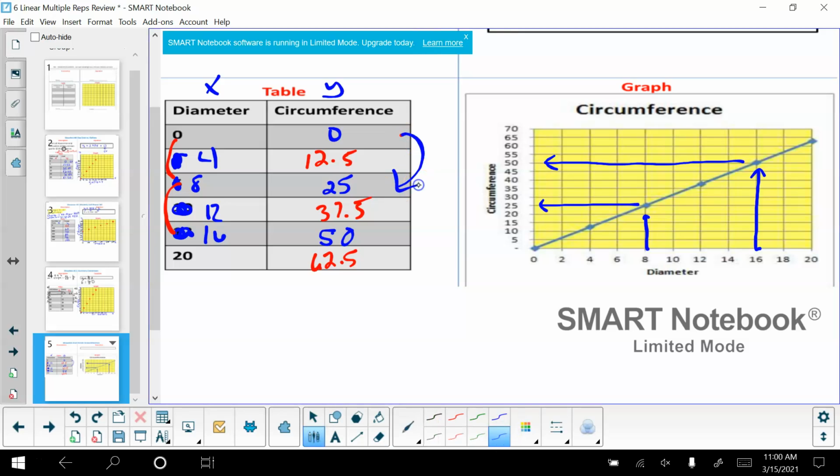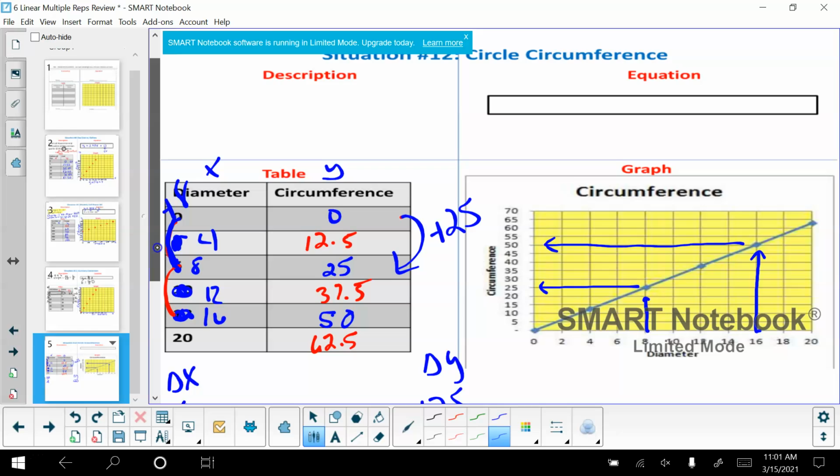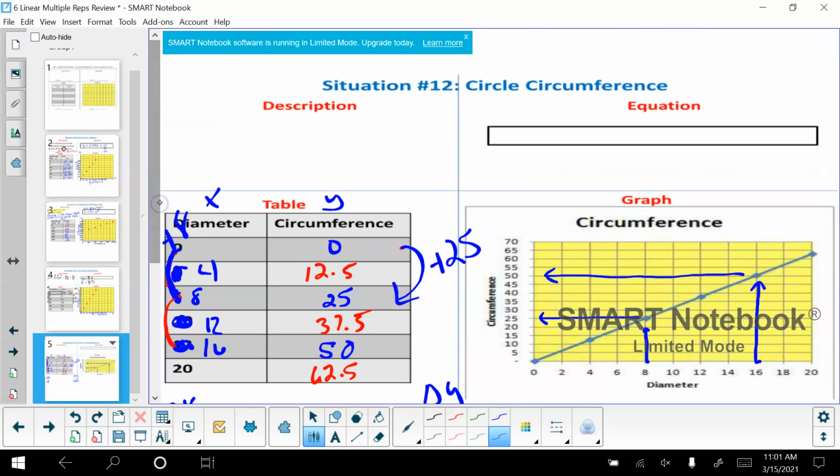So from here to here, that was a jump of 25. And on the other side, for the blue numbers, that was a jump of 8. So your y change is a 25, and your x change is an 8. And those are the numbers that we can use as far as figuring out the slope, which is the m.